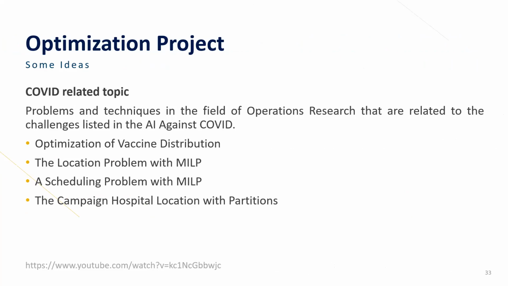I would like to give you some ideas, since optimization projects are the ones where we want to see how it is really applied from a practical point of view.